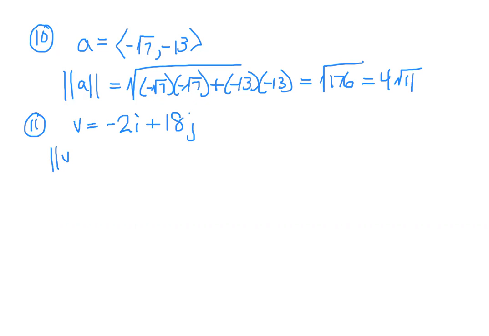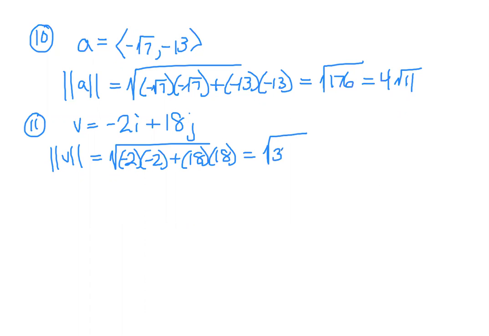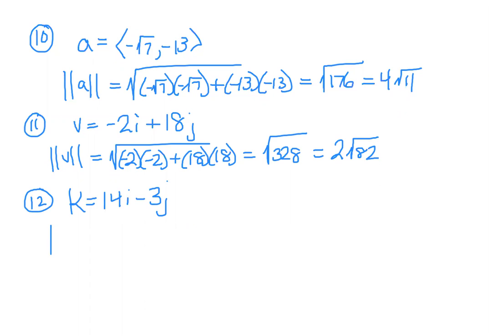Number 11, v equals negative 2i plus 18j. So the magnitude of v is the square root of negative 2 times negative 2 plus 18 times 18, which equals the square root of 328, which is 2 times the square root of 82. And the last one of this, k equals 14i minus 3j.